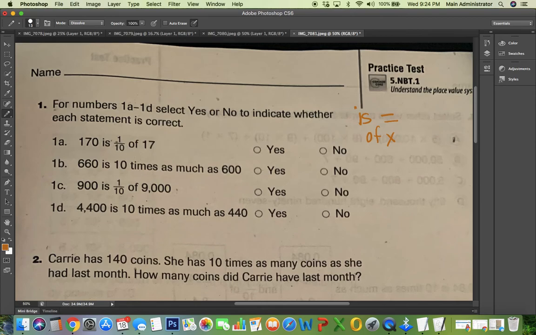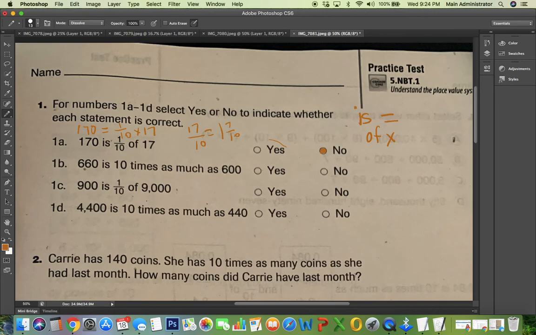So if I were to rewrite this in a number sentence, I would say 170 is 1/10 times 17. That doesn't seem right, because 1/10 times 17 would be 17 over 10. And 17 over 10 doesn't equal 170. That equals 1 7/10. So, no. That is a no.